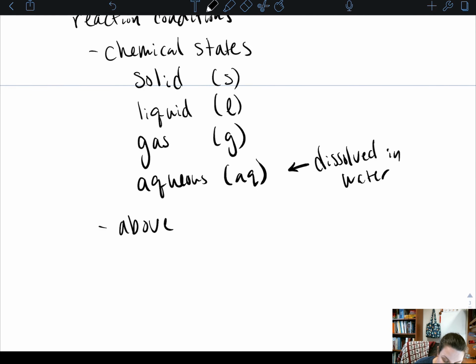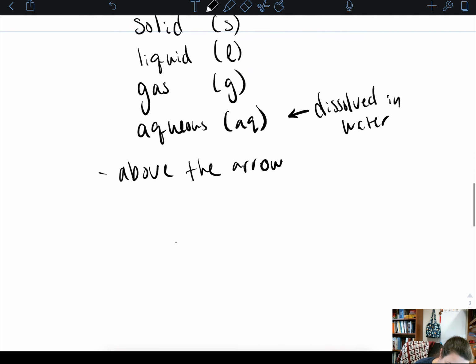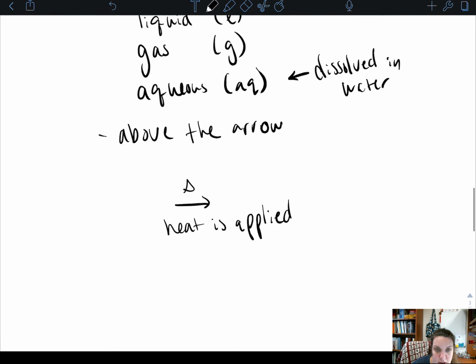There's also going to be things above the arrow, and that gives you information about how the reaction, or what type of things are there on the reaction. So you'll see an arrow, and above the arrow you may see a delta. That means that you're going to have heat applied. Okay.